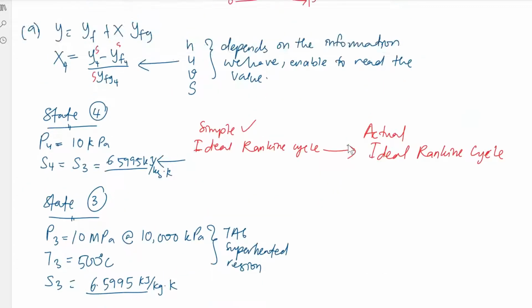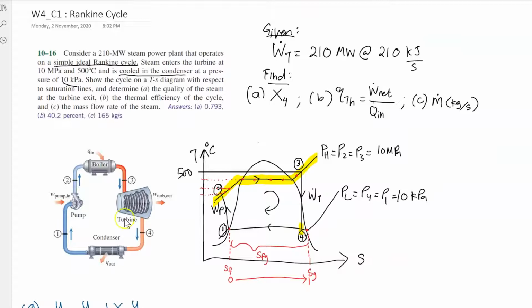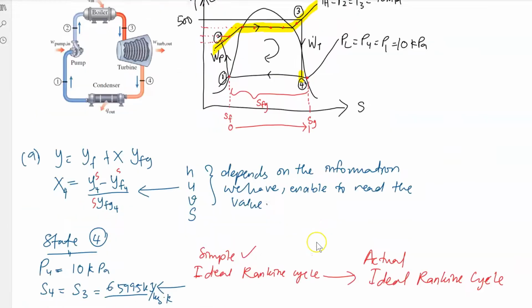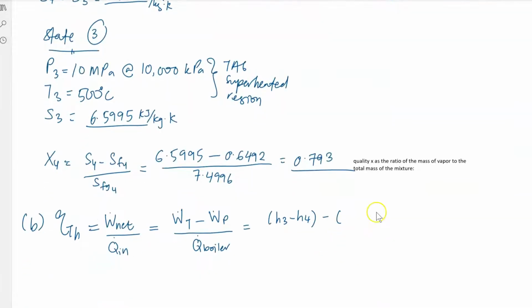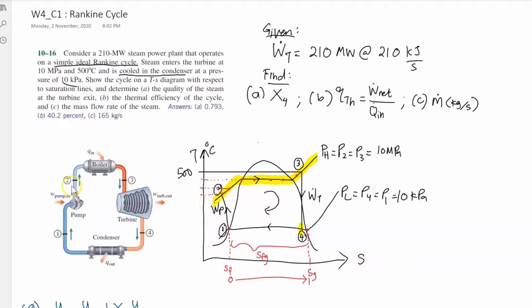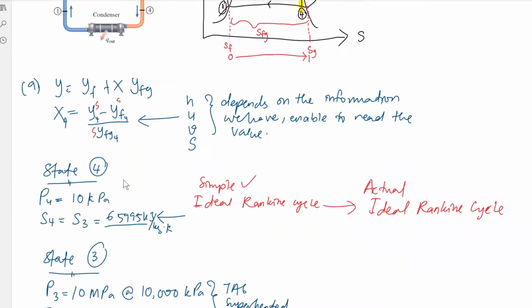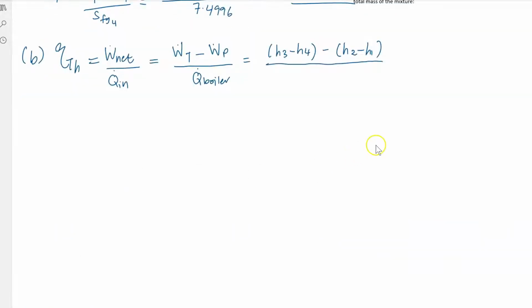Your work of the pump will be between state 2 and 1, so this is going to be H2 minus H1. And you have a boiler which sits between state 2 and 3, so this is going to be H3 minus H2.